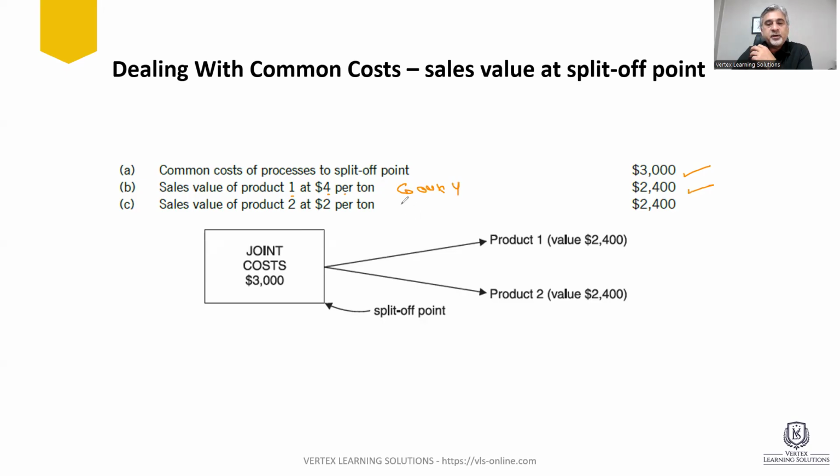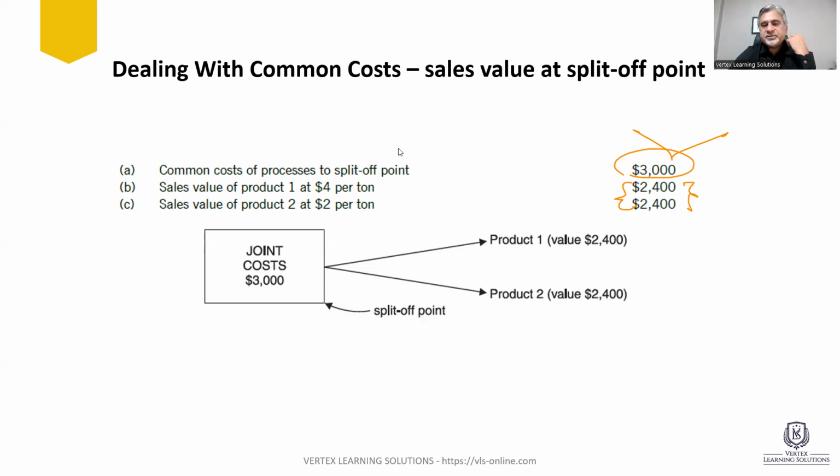Then you've got product two, which is $2 per ton into 1,200 tons. So sales value is 2,400. Because their sales value is the same, this 3,000 should be divided equally. So we should be dividing the 3,000 between product A and B, or product 1 and 2, based on their relative sales value.